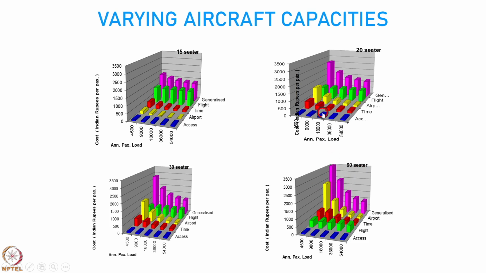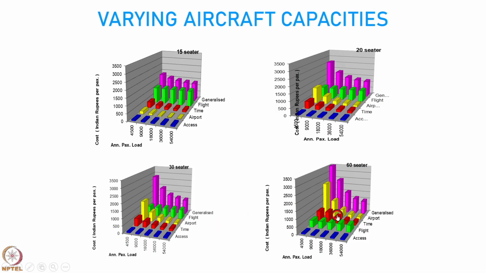If you look at the 20-seater aircraft, it is almost similar to 15-seater aircraft, the main component being the flight cost, and then the airport costs are becoming prominent, time cost also increases. So, in this case you can see that the airport costs are becoming more than the flight costs for lower passenger load factors. They are comparable for average loads.